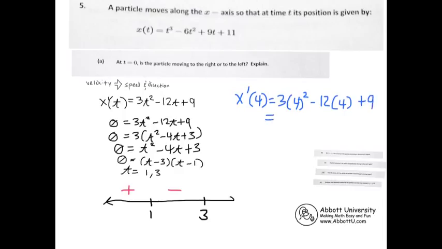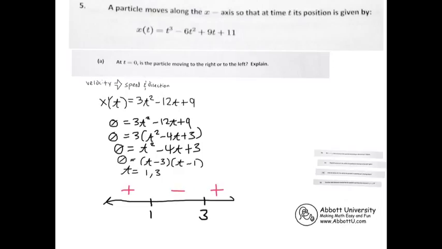This is 3 times 16, which is 48, and then 48 minus 48 cancels, and you'd be left with 9, which is a positive number. I'm only concerning myself with whether it's positive or negative. So that is how you work with the test values.